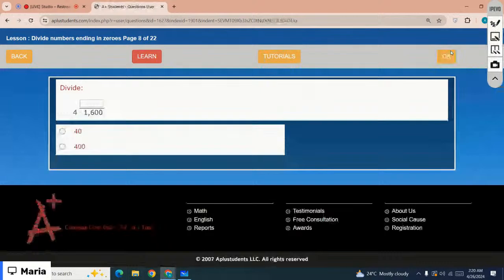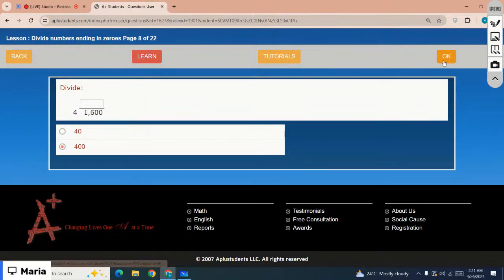The next one is 1600 divided by 4, which is the correct option. Yes, that is 400. The correct option is 400.